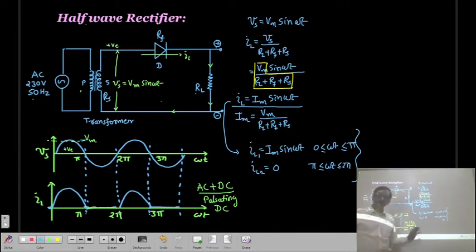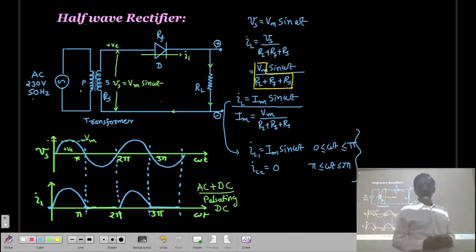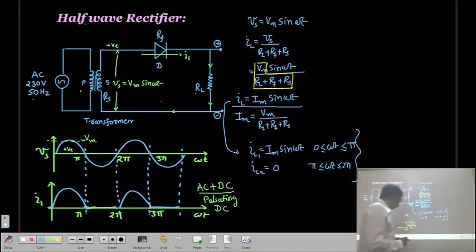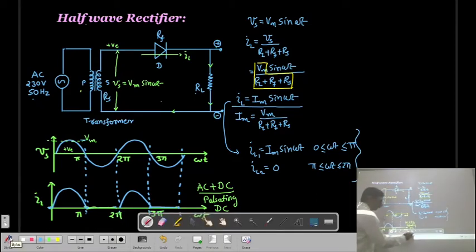Okay? So once you have the expression for the load current, now we can calculate the DC current. Remember, the DC current is sometimes also known as the average value of the current. In this half-wave rectifier, the current is flowing like this.